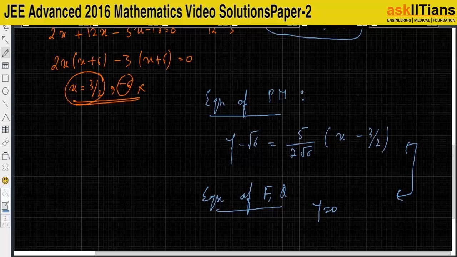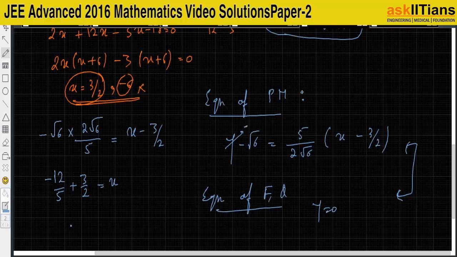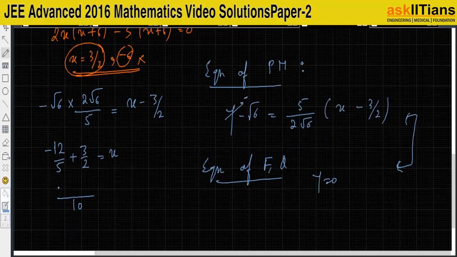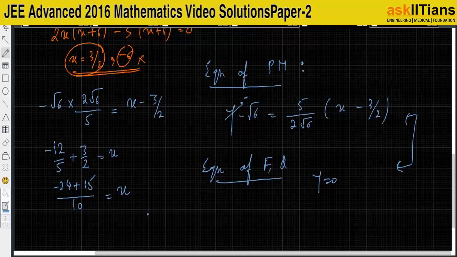So if I put y equal to 0 in this equation, I'll get minus root 6 multiplied by 2 root 6 divided by 5, and this is equal to x minus 3 by 2. So this I'll get 2 times 6, that is 12 by 5, plus 3 by 2. Solving this, what will come? Here it will come 10, so minus 24 plus 5 times, so this is 15 and x, right?